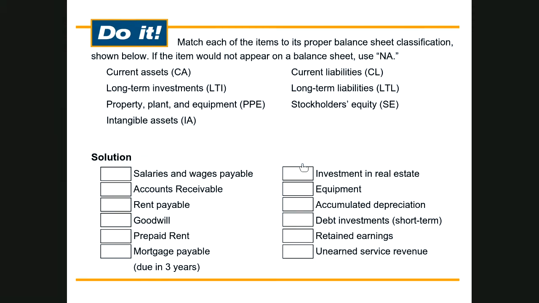Ms. Shaista, investment in real estate. It would be long-term investment. Long-term investment, very good. Ms. Sausan, equipment. Property, plant, and equipment. Excellent. We'll go back to Mr. Adil. Accumulated depreciation, where would that be? In accumulated depreciation will be in current asset. Try again.